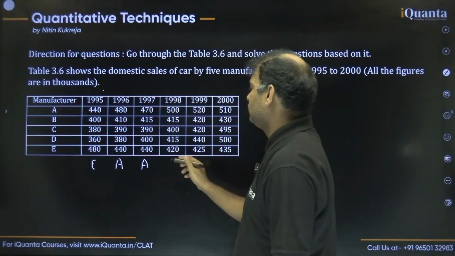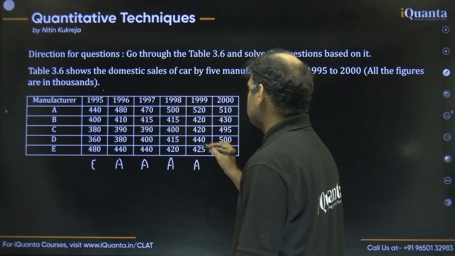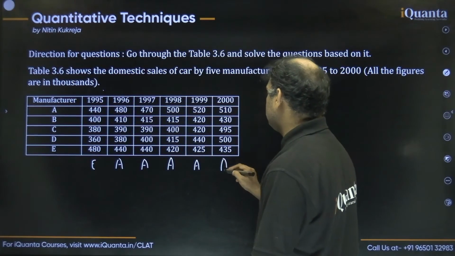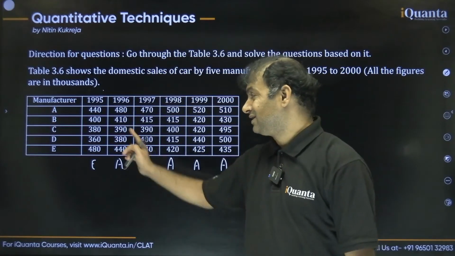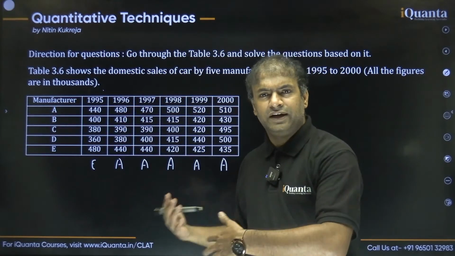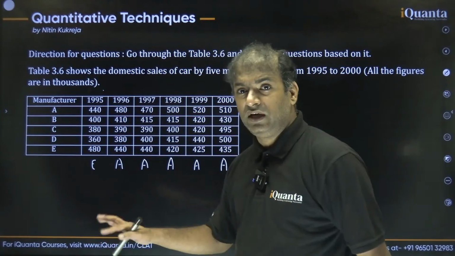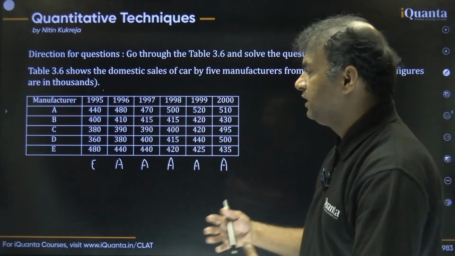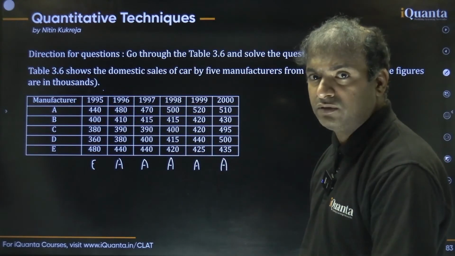In 1998, 1999 and 2000 also, manufacturer A has the highest sale. So in all the years except 1995, manufacturer A has the highest sale. A can have competition only with manufacturer E, not with any other manufacturer.